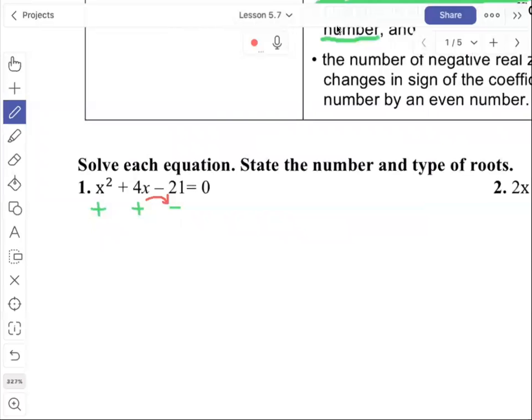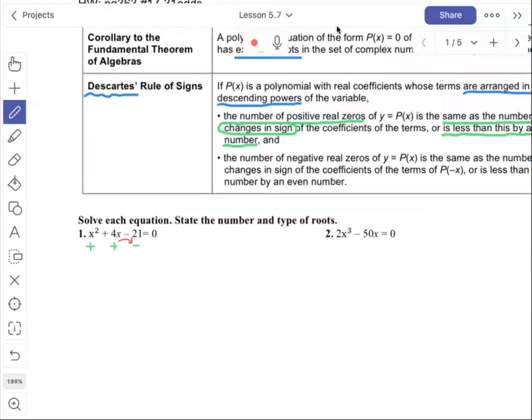All right, so that is a change in sign. So that means the number of positive real zeros is 1. Or less than this by an even number.